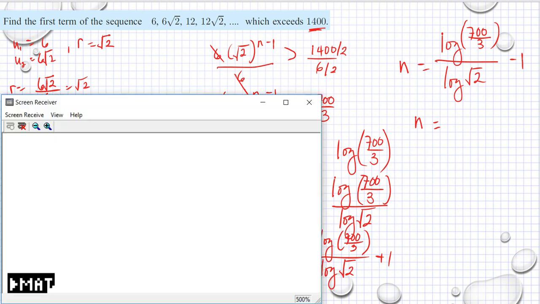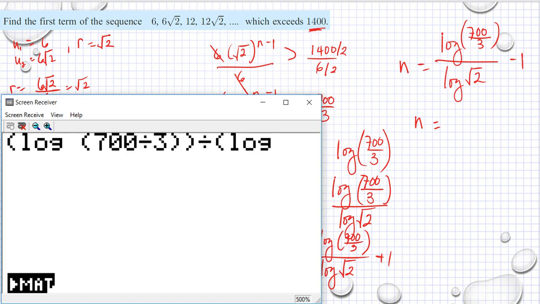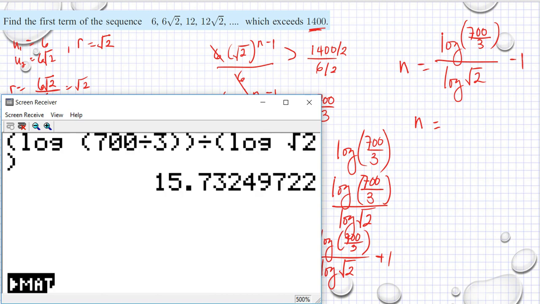So we have logarithm of 700 divided by 3, divided by logarithm of square root of 2, and you get 15.7, plus 1, not minus 1 there, sorry.